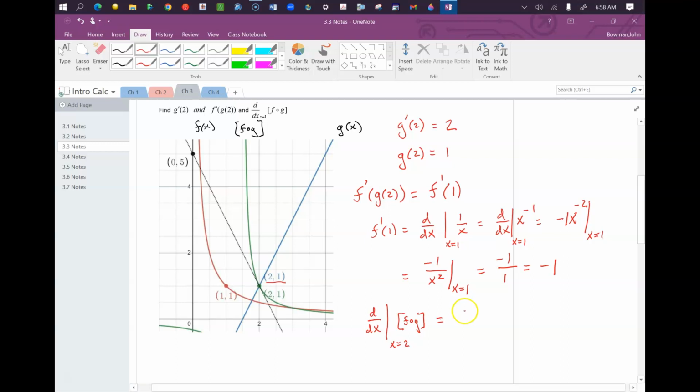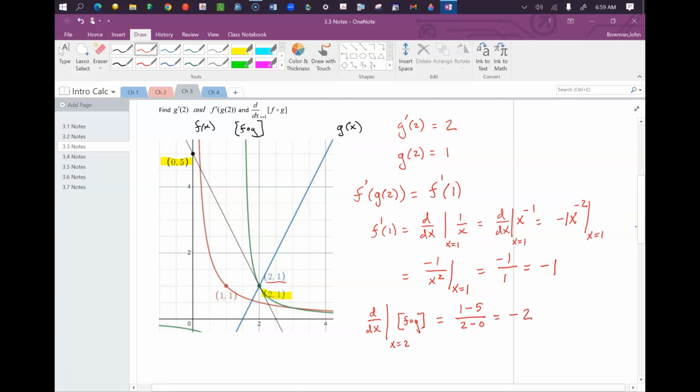We take the change in y over the change in x, so we're going to take 1 minus 5 over 2 minus 0, and I'm using these two points that I'm going to highlight in yellow right there and right there to figure out that slope, and that turns out to be negative 2.